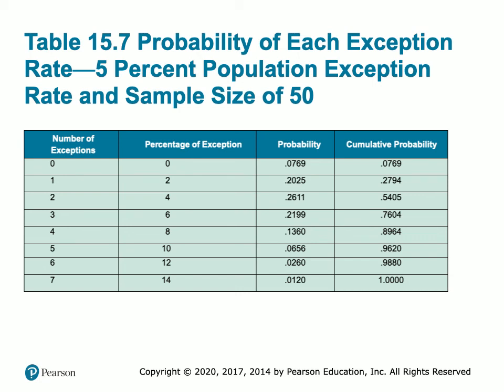You're better off having an acceptable error rate based on historical information, based on where the client is, based on the tolerable error rate that you're willing to live with. That gives you room in case there are a few exceptions for your test to still be statistically valid.